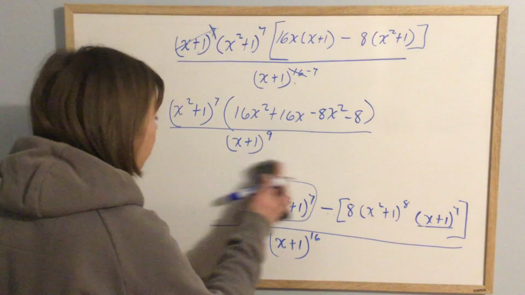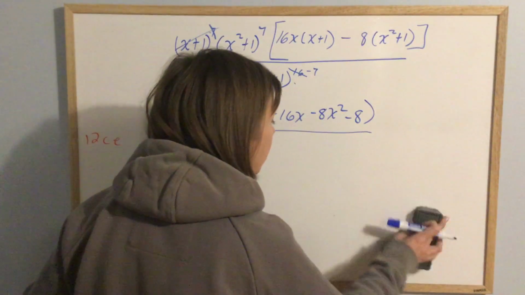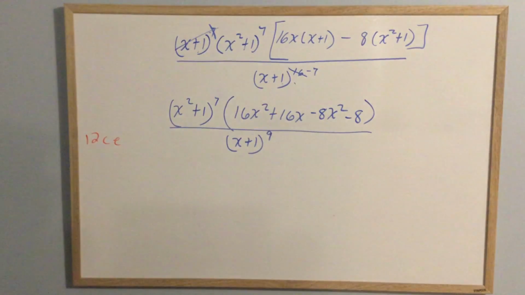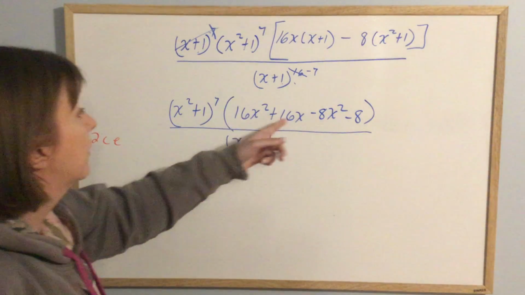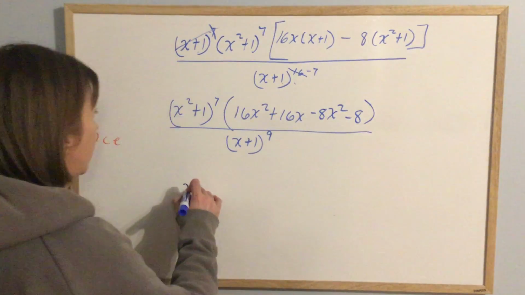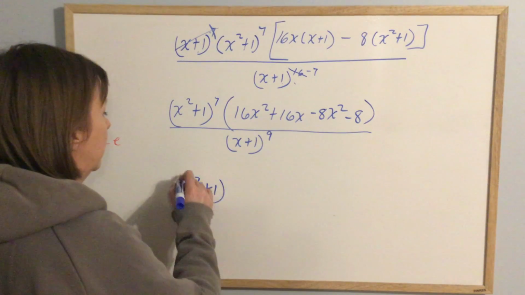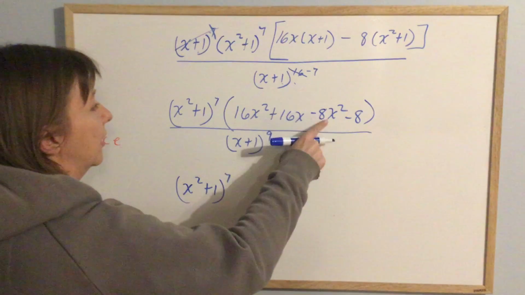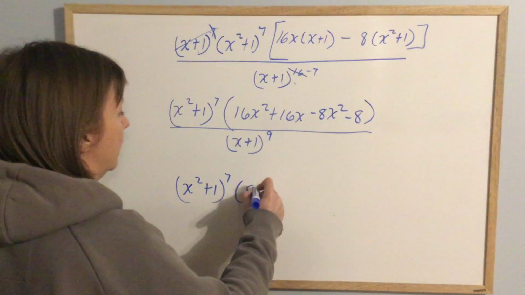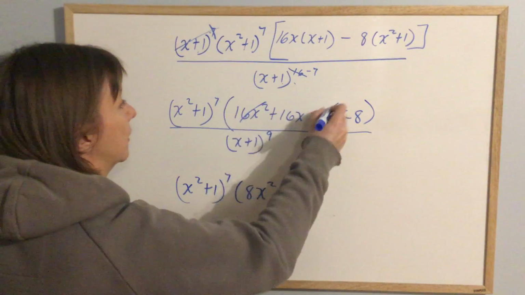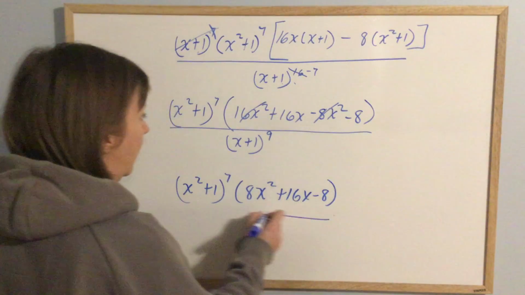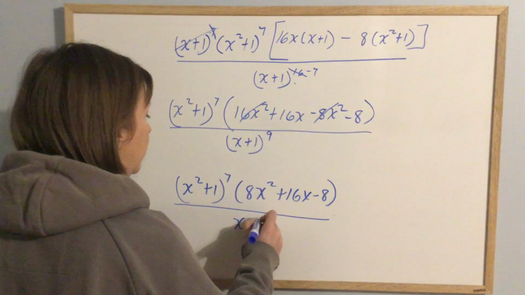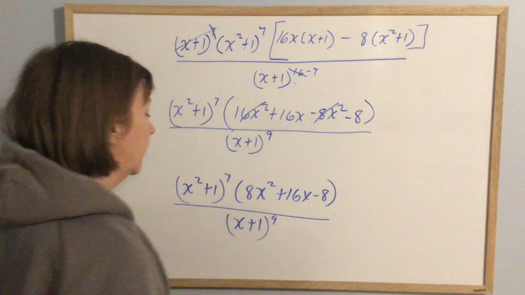I'm almost done simplifying. The only thing I think that I could do from here is I could simplify this a little bit. So I have (x squared plus 1) to the 7th. 16x squared minus 8x squared is 8x squared plus 16x minus 8, all over (x plus 1) to the 9th.